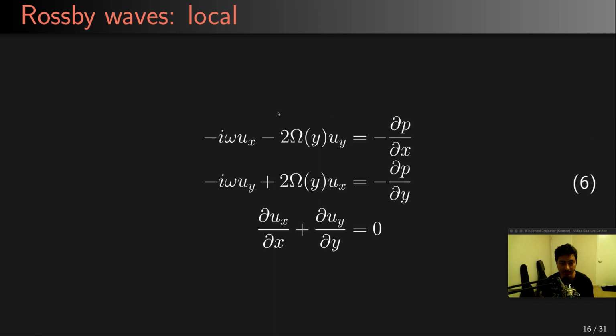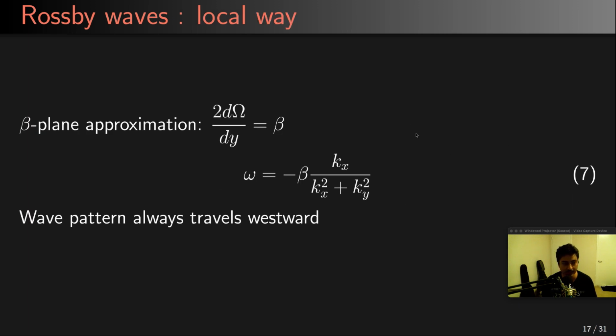So what it comes down to are these simplified equations, right? So you only have two-dimensional equations, and the Coriolis force now varies with latitude. And then you can cross differentiate and do a little bit of algebra and obtain what is known as the classic Rossby wave dispersion relation, using what is known as the beta plane approximation, where you assume the gradient of the local rotation rate along the latitude is beta.